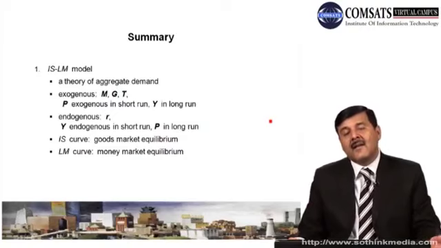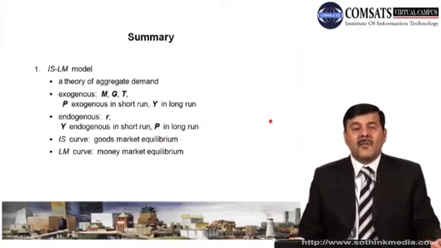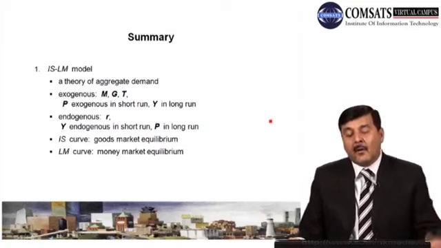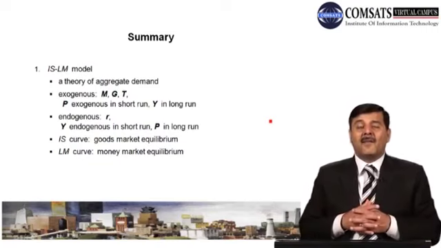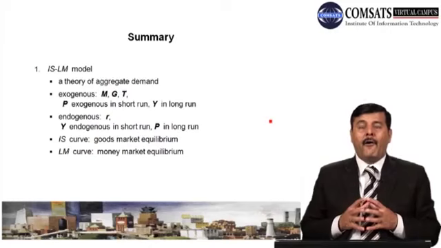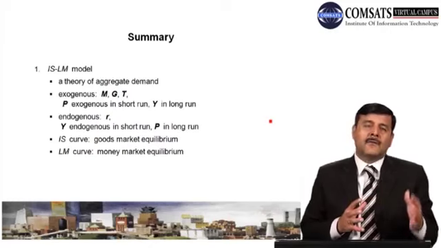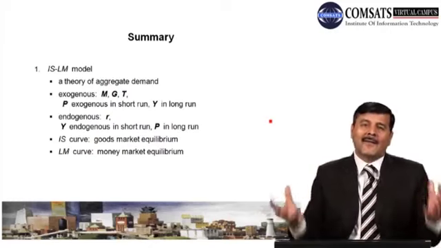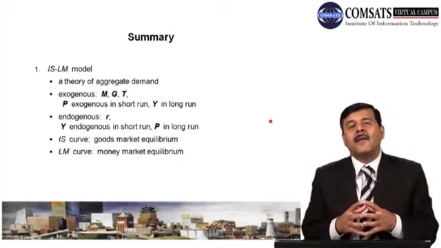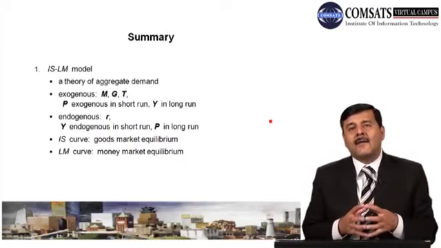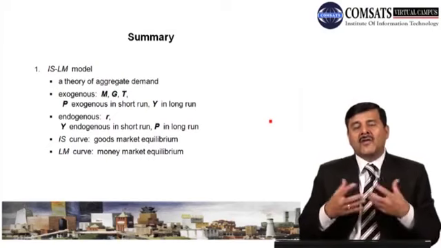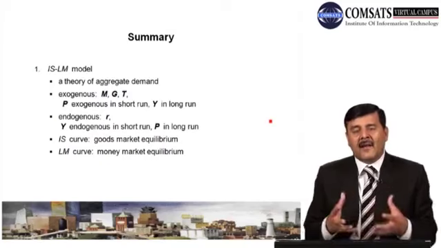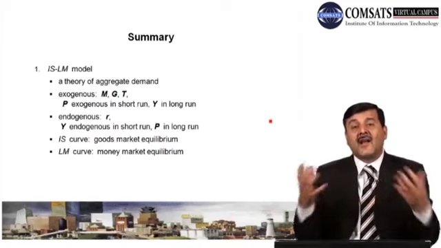IS curve basically is the curve that brings equilibrium in the goods market, and we have talked about it. Then the LM curve is the curve which brings the equilibrium in the money market. उसके बाद हमने ये देखा कि how the economies can move from short run to the long run, किस तरह से move करती हैं. हमने ये देखा कि in that case prices are flexible and that plays a very important role. तो उसका हमने effect देखा on IS and LM curves as well as on the aggregate demand curve.